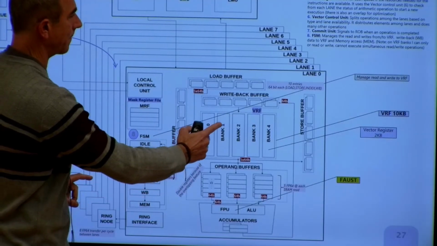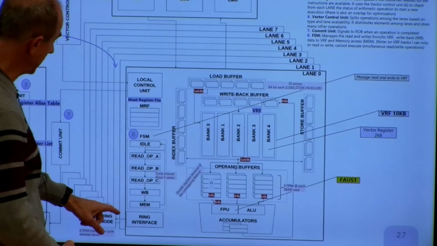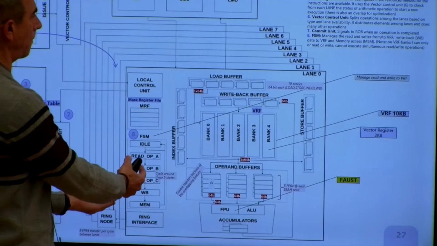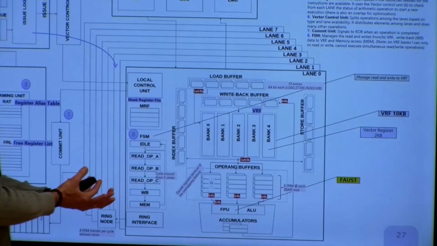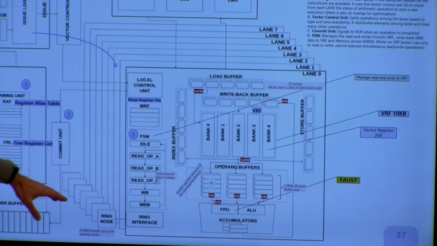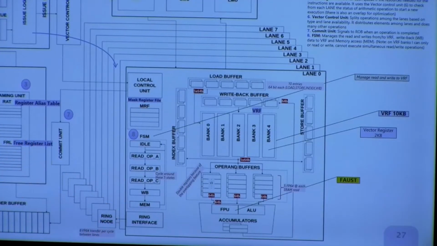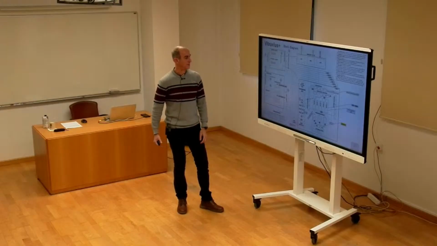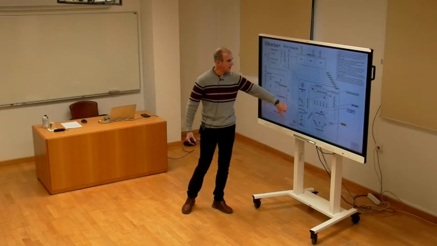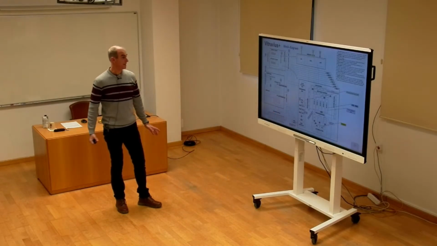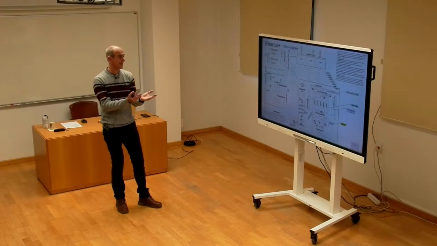When you have to pass data from one lane to another, you need to add this ring, which is a big bus that passes data between lanes. But it is not very fast because you cannot build a 1,000-bit bus, otherwise it is too much. So it is also a problem. This ring can be done in a different way, but it is needed because of the vector registers split on different lanes.